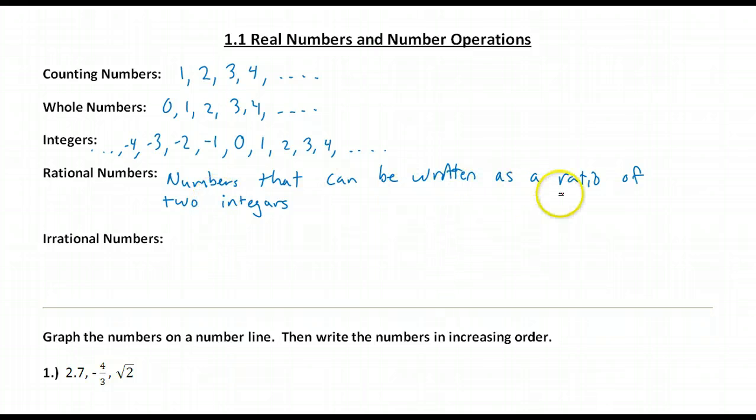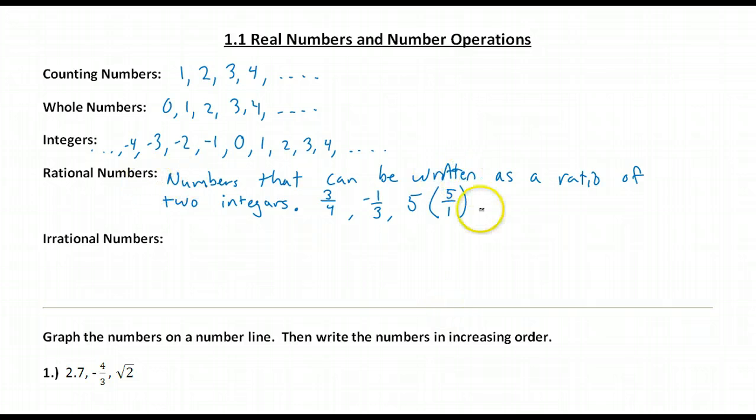Numbers that can be written as the ratio of two integers. Examples would be 3/4, negative 1/3, and 5, because 5 can be written as a ratio 5/1.